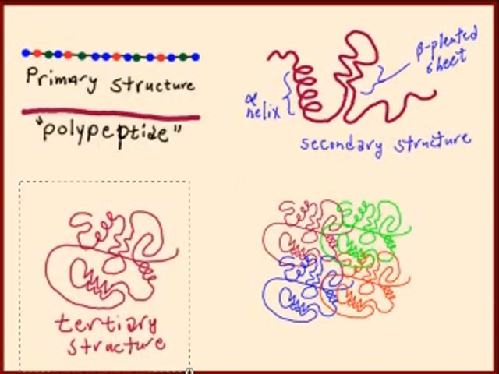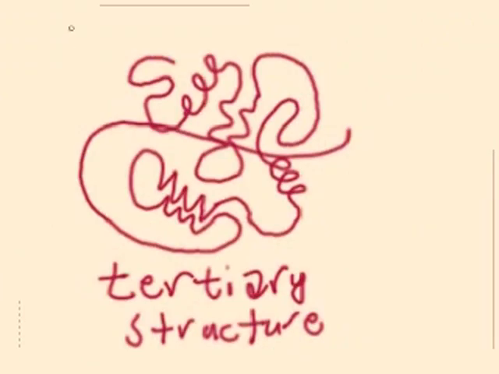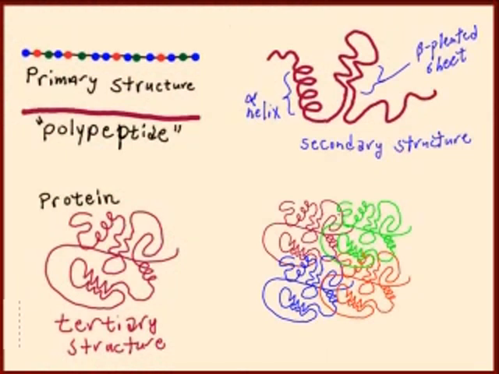And so here, this structure is a full-fledged protein, because it's completely folded. And of course, some proteins can join together to give this fourth level of structure, and this is called quaternary structure.